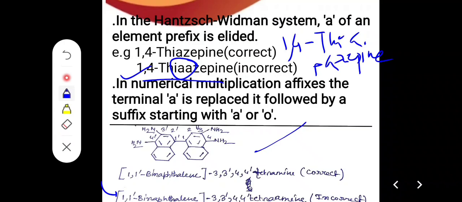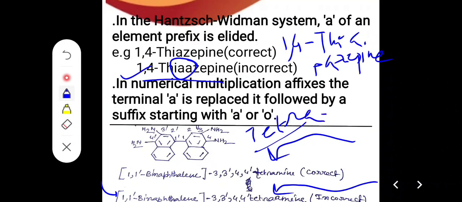That is incorrect. Now what is the difference between the correct spelling and the incorrect spelling? In one, a single A is present, and in the other, a double A is present. When we consider the double A, that is the incorrect spelling, and if we consider the single A, that is the correct spelling. As we know, tetraamine is the combination of tetra and amine.